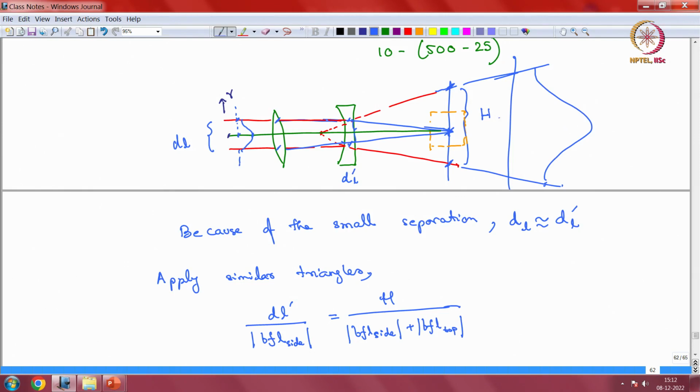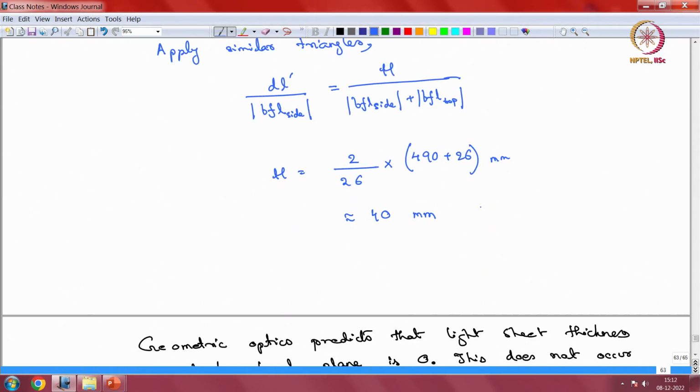So as a good experimentalist, you should choose the middle section. Maybe half of this H would be a good rule of thumb, and that would allow you to illuminate your particles properly.